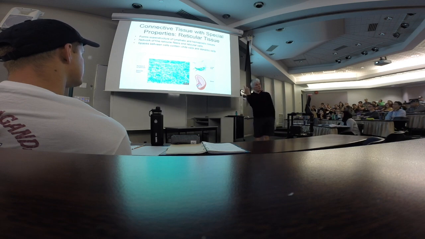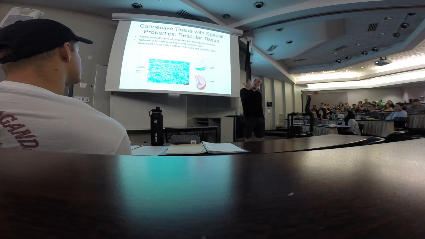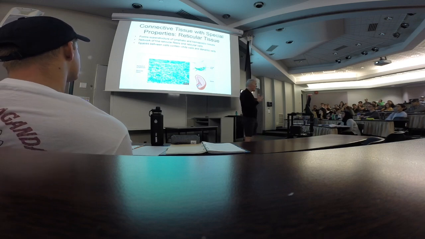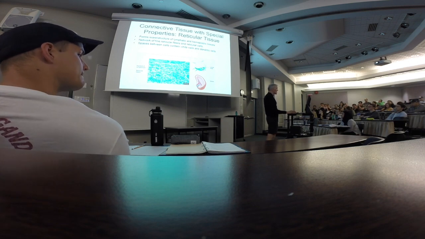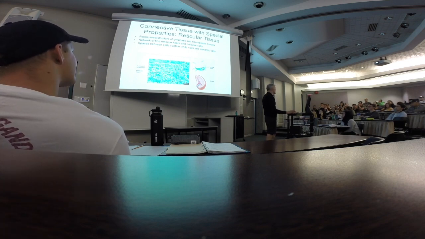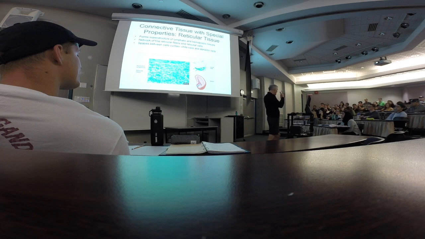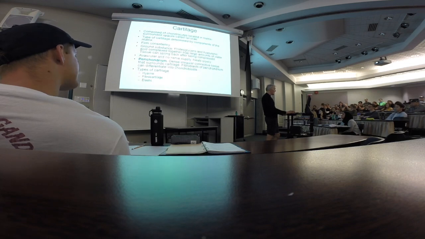So this is a tissue that can cleanse other things, right? And it cleanses them because of white blood cells. Spaces between cells contain white cells and dendritic cells. So between those fibers are white blood cells, and that's the cleaner. And these are the two organs that you can find it in.